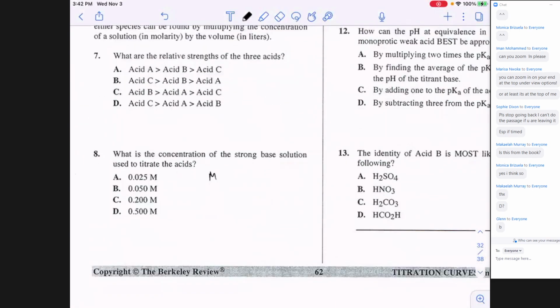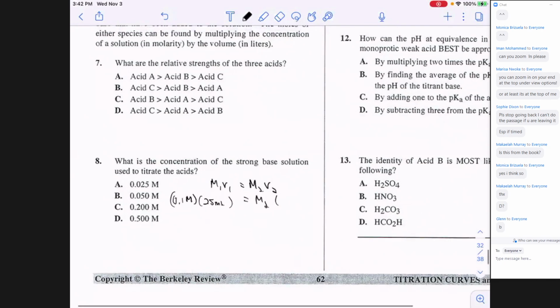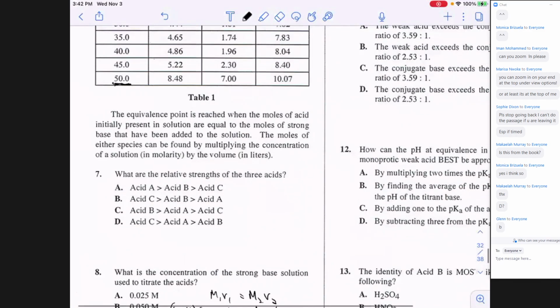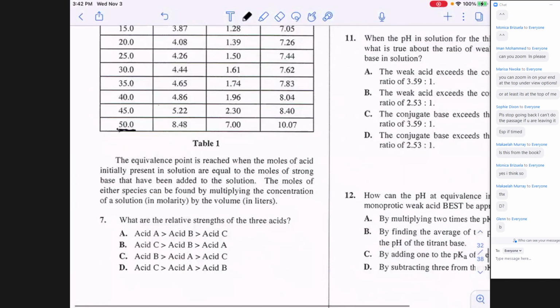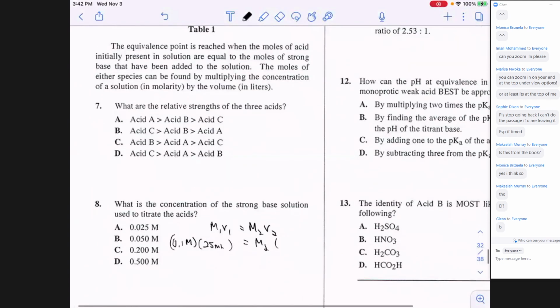So we're using M1V1 equals M2V2. This is 25 milliliters times 0.1 molarity. We're going to find the new molarity given the milliliters that we have in solution, because we're trying to find the amount of base.